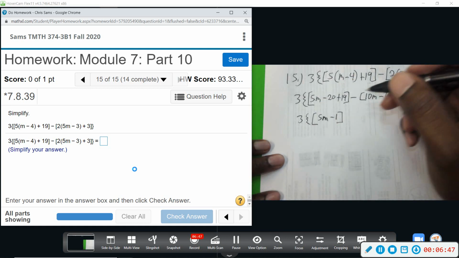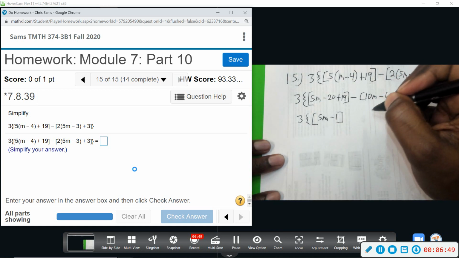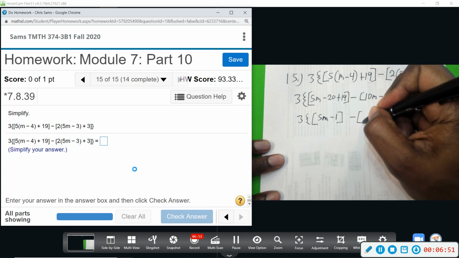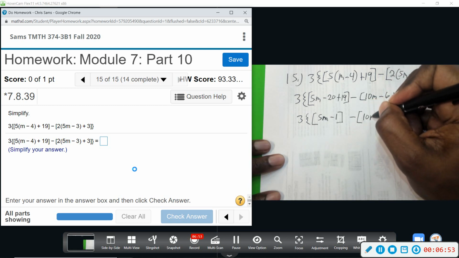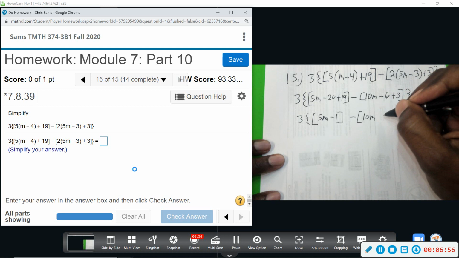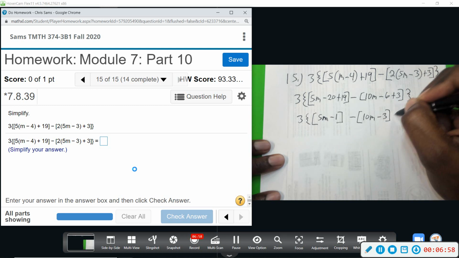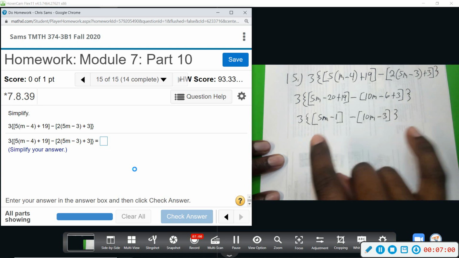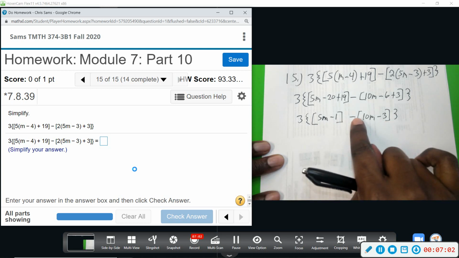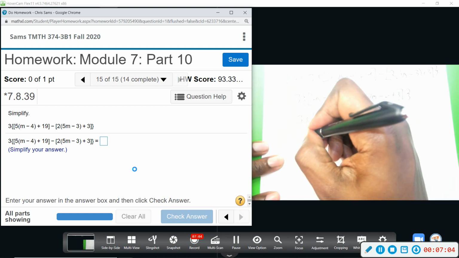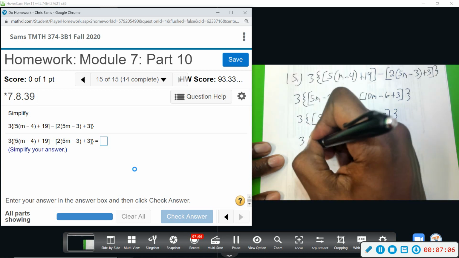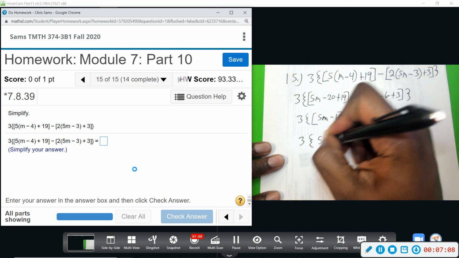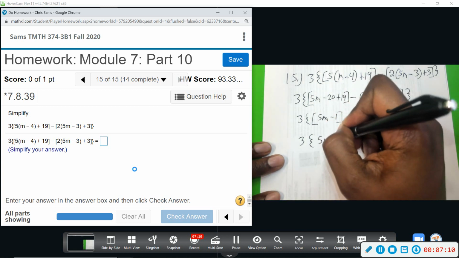And I can actually drop those brackets. I'll drop them at the same time. Minus 10m in brackets, and that will give us minus 3. Okay, so now I'm going to distribute negative, and I can just drop these. So I have 3, 5m minus 1.